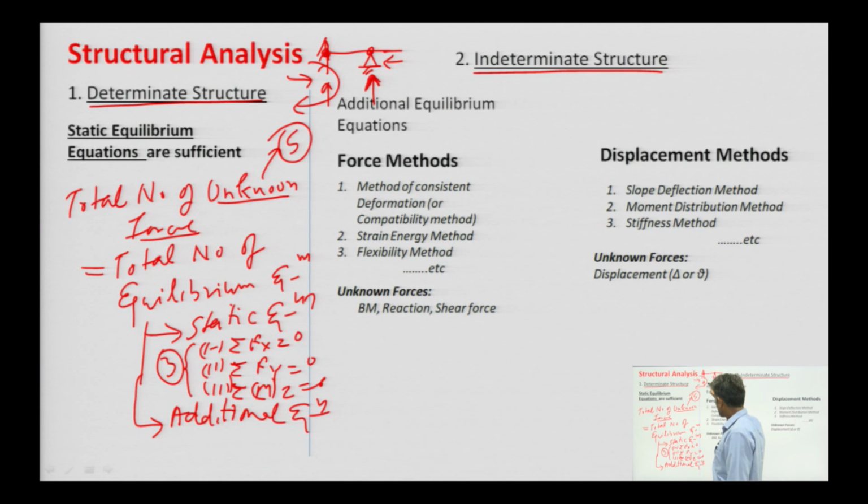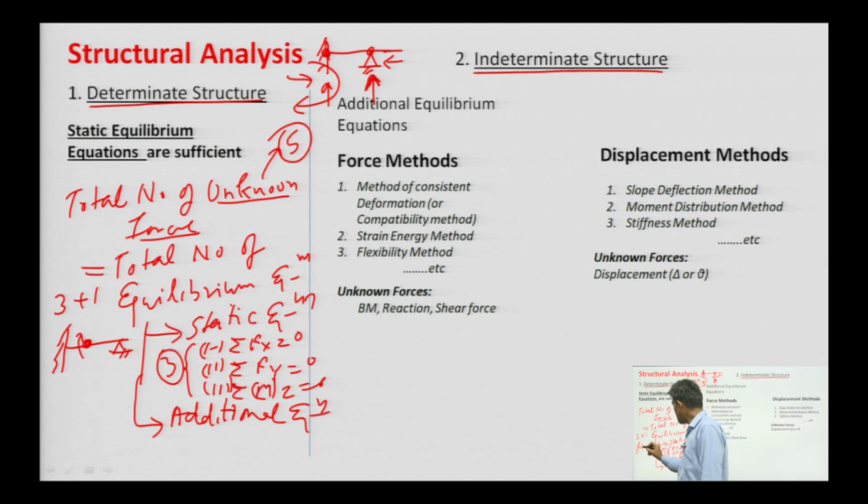But if an internal hinge has been provided here, then the equilibrium equations will be 3 plus 1. Due to the internal hinge, the bending moment here will be 0, so we have 3 plus 1, meaning 4 equilibrium equations. So, the total number of unknowns is 5, and the total number of available equilibrium equations in this case is 4.